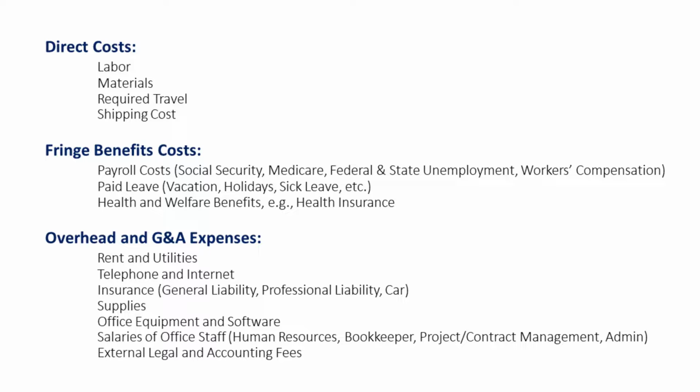And what about your accountants and your lawyers' fees? And what does it cost you for fringe benefits? This means not only Social Security, Medicare, federal and state unemployment, and workers' comp, but also paid vacation, paid holidays, paid sick leave, health insurance, etc. And make sure you include your salary and your health insurance.